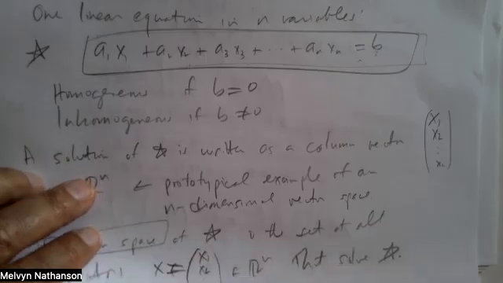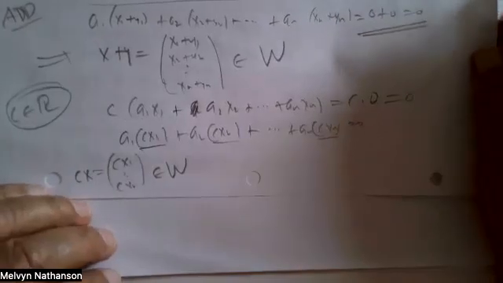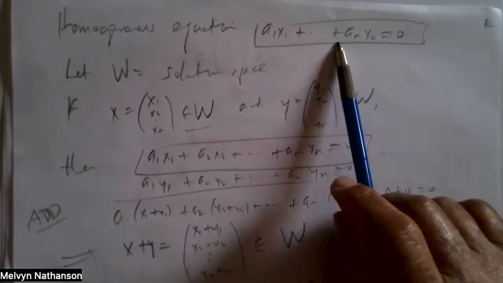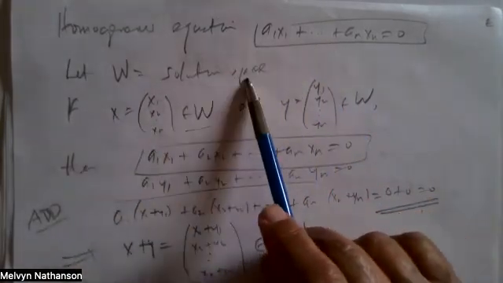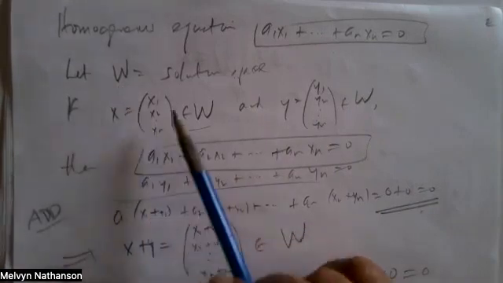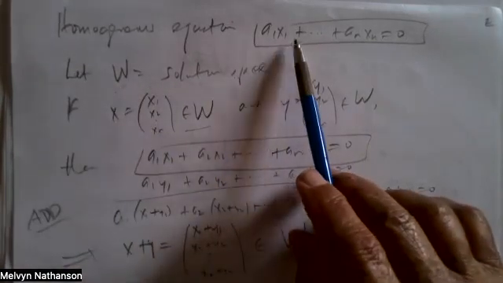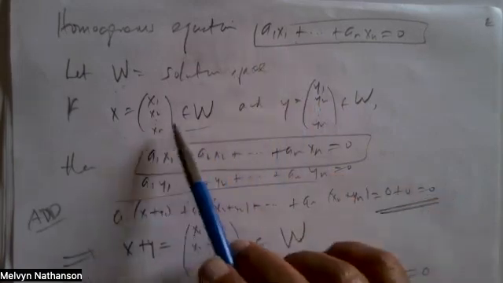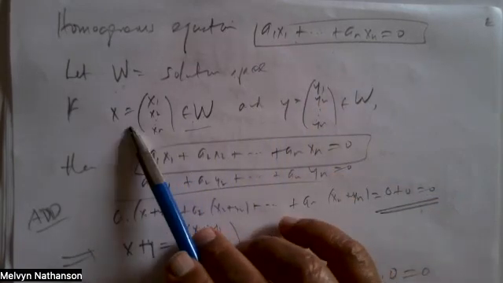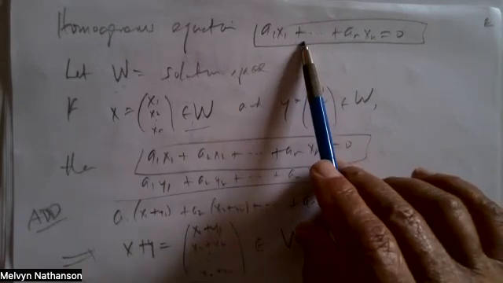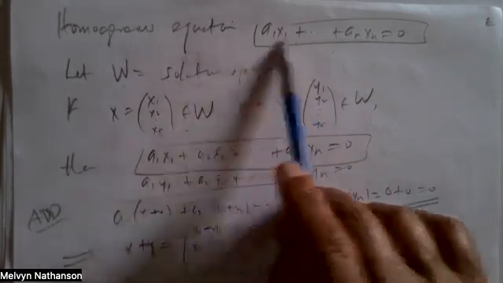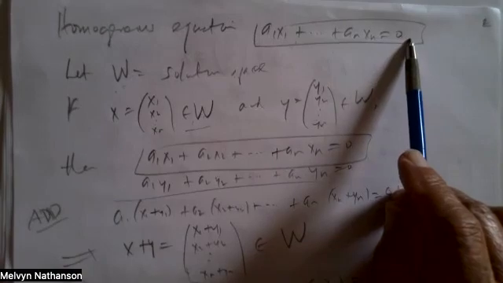Okay, and the last problem that you did, can you explain it one more time? Well, it wasn't a problem. I'm looking at the set of all solutions of my equation. Right? So this is my equation. Looking at the set of all solutions, that's what's called the solution space. I'm calling it W. So W is all vectors that solve this equation. So if x is in W, that means this vector is a solution of the equation, that means this relationship is true.